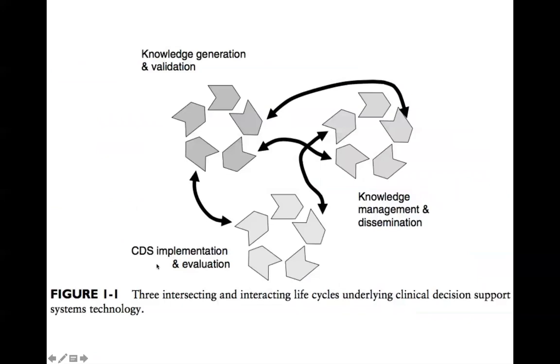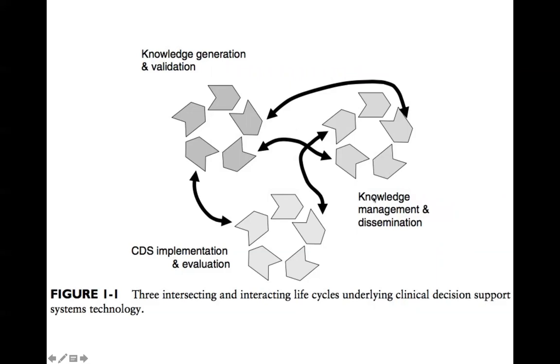So here, first I want to show the interacting life cycle underlying clinical decision support. You can see that usually we start from knowledge management and dissemination. That means every patient's data we should put in the EHR first.